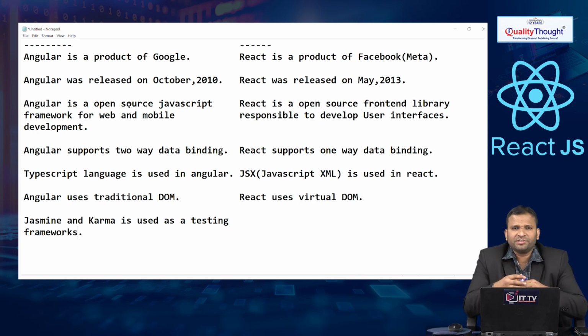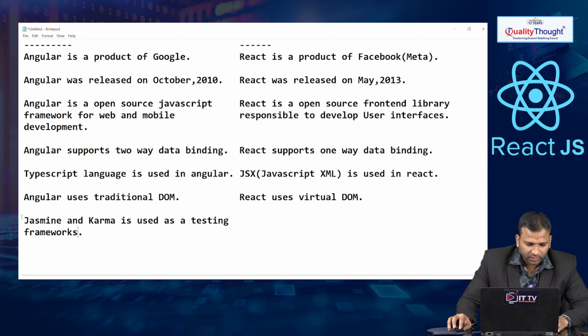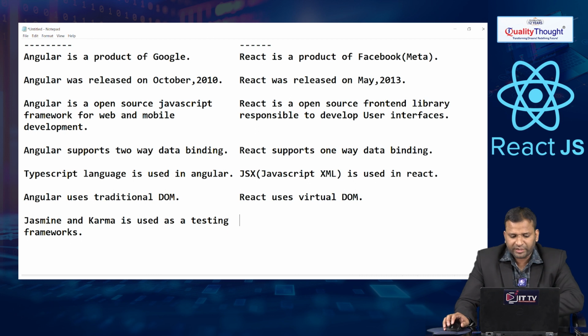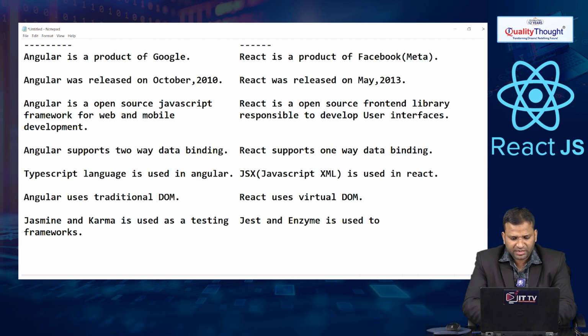Unit testing means we are checking whether some piece of code or piece of logic is working as per our requirement or not. That is called unit testing. To perform unit testing in Angular, we use Jasmine and Karma. But when it comes to React, we use Jest and Enzyme. Jest and Enzyme are used as testing frameworks.